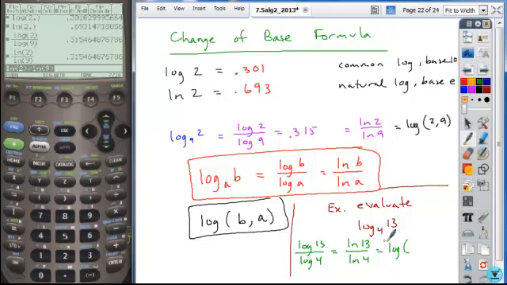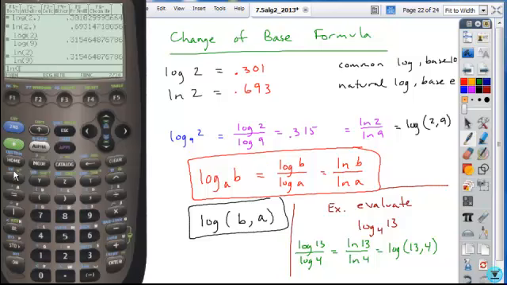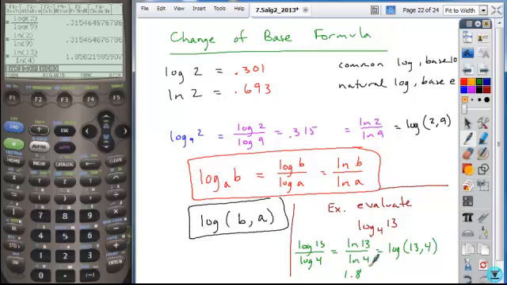Log, parentheses, whatever's inside the log, comma, the base of the log. So any of those 3 methods will get you the answer. I'm going to use the natural log form on this just because it's easier to access. So ln of 13 divided by the ln of 4, put it in decimal form, and I get my answer, 1.850 approximately.